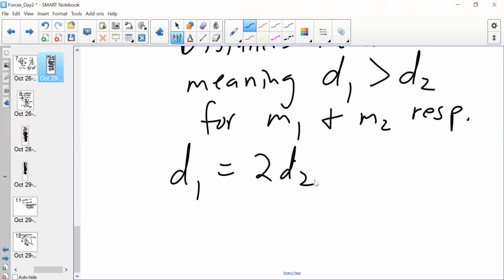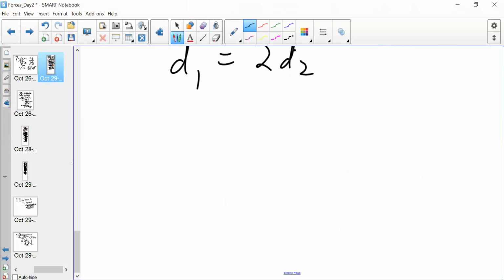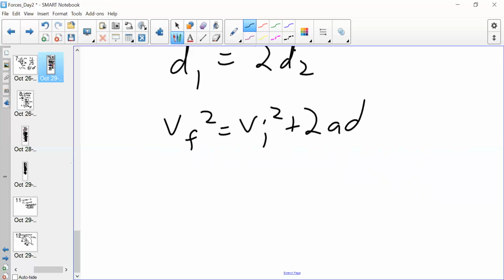Okay. So now to the A1, A2 business, because that's our point of contention in this problem. Using the equation VF squared equals 2AD, where D is delta x, the displacement variable you want to use there, we can then show that the claim is valid.